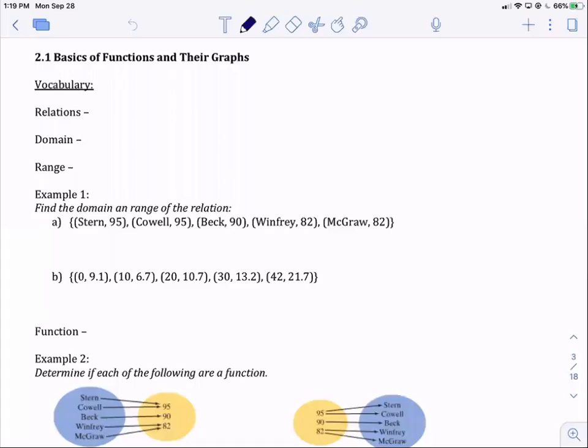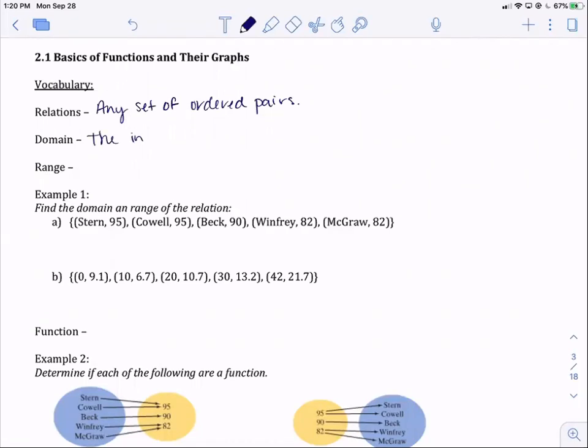All right, so 2-1, basics of functions and their graphs. Relations are just any set of ordered pairs. The domain is which part of your ordered pair? The x values.